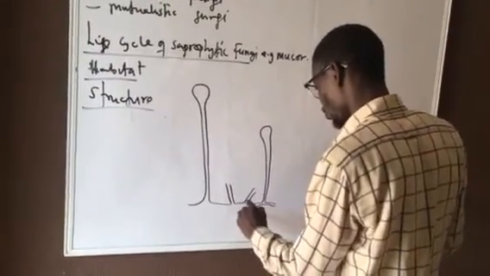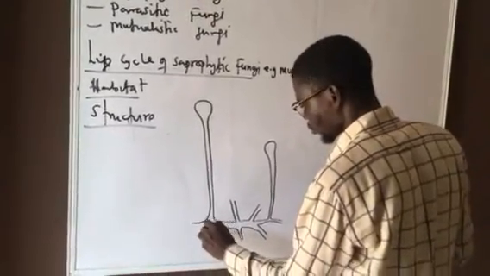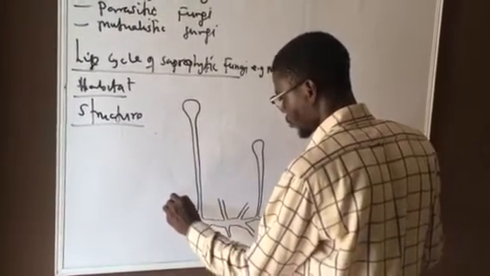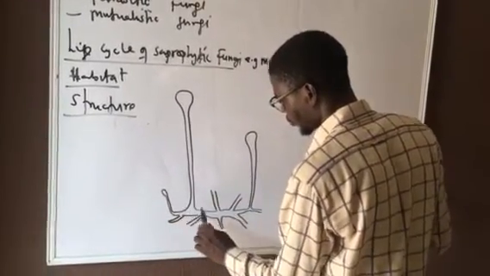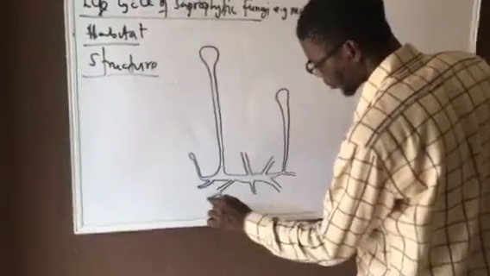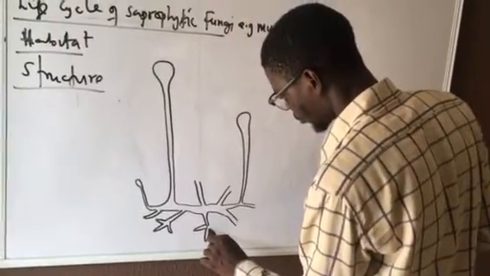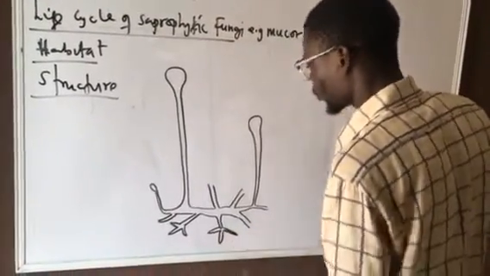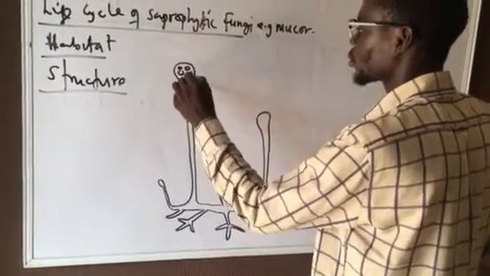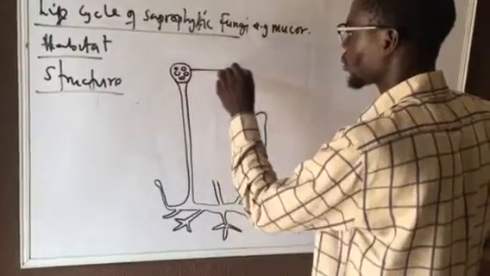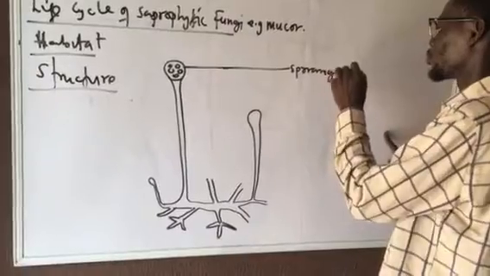Let's say this is the mature one. This is our sporangium.